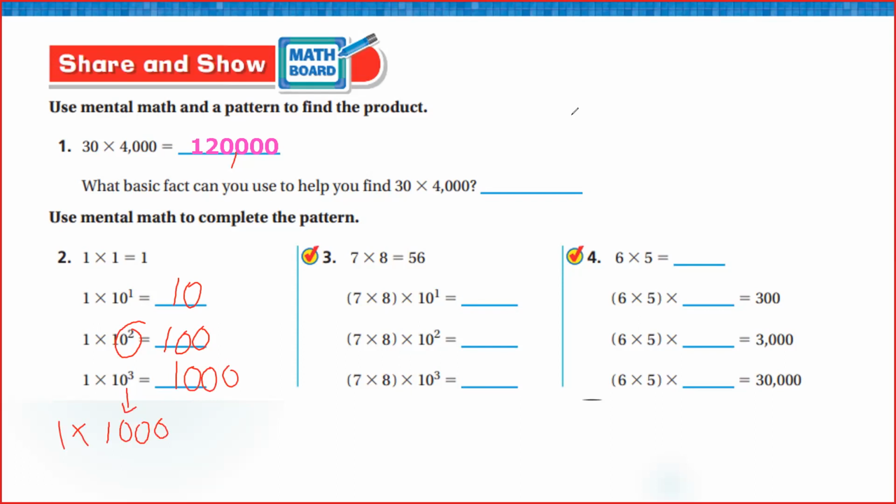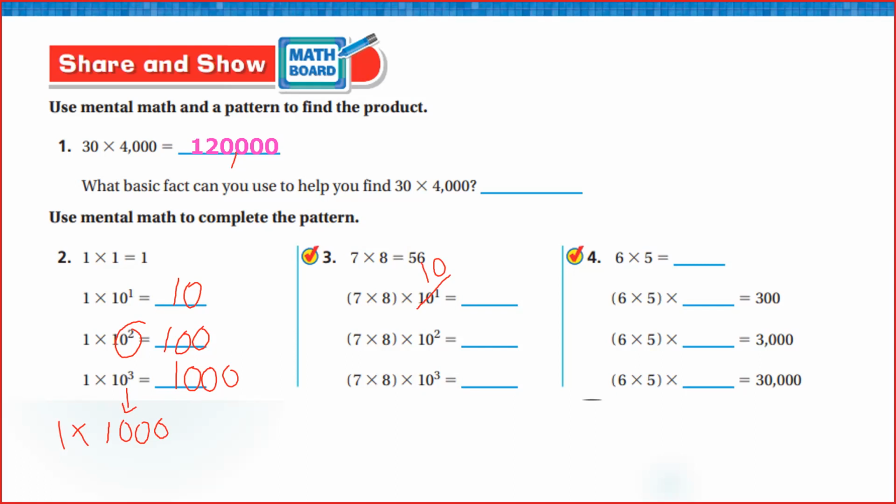Widyan? Huriya? Yes, Widyan. 7 times 8 is 56. Now, 7 times 8 times 10. What do you have to do here? Here, I asked you now, 7 times 8 is 56.